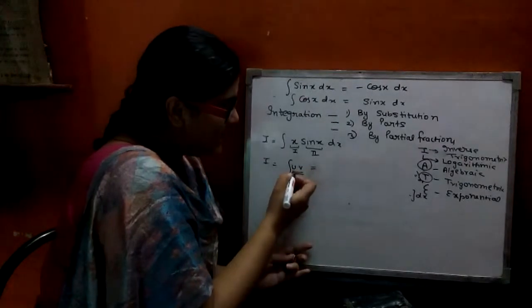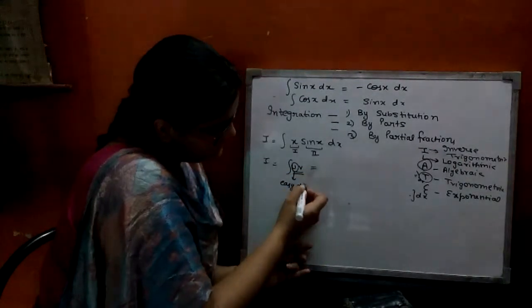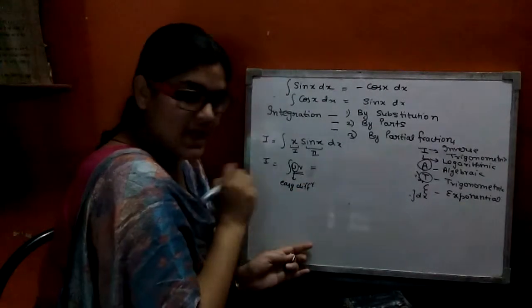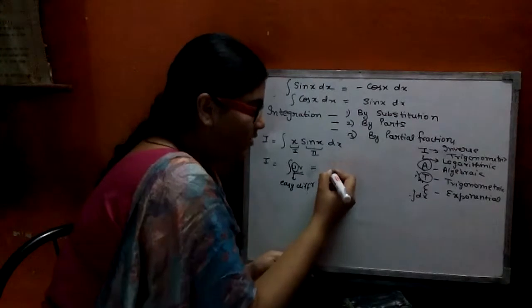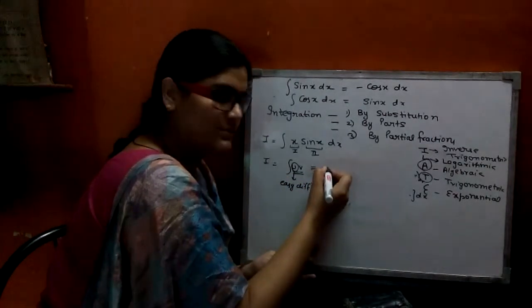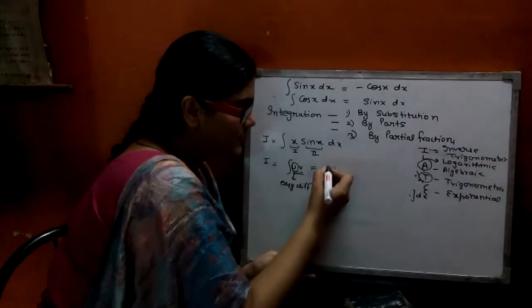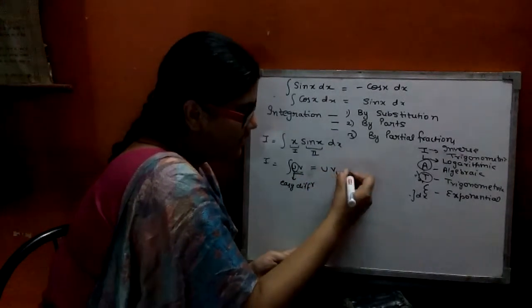So you have to take that function which is easily differentiable, and v is the integrating function, means you have to keep the easily differentiable function as it is, and do the integration of the other function.